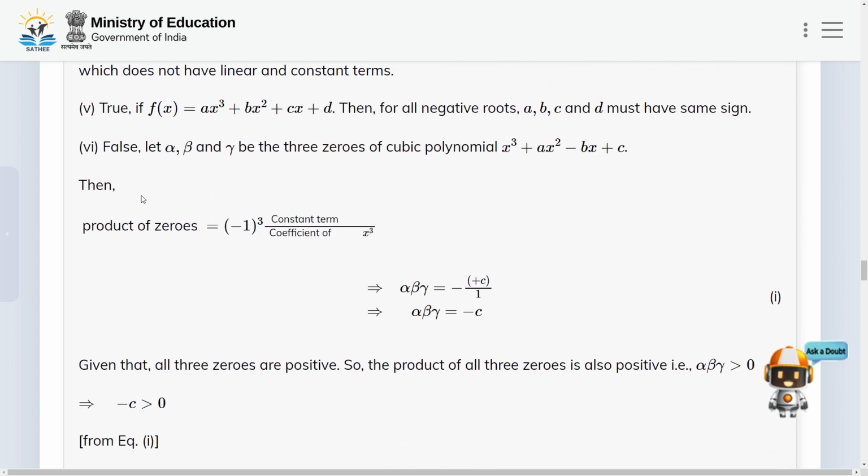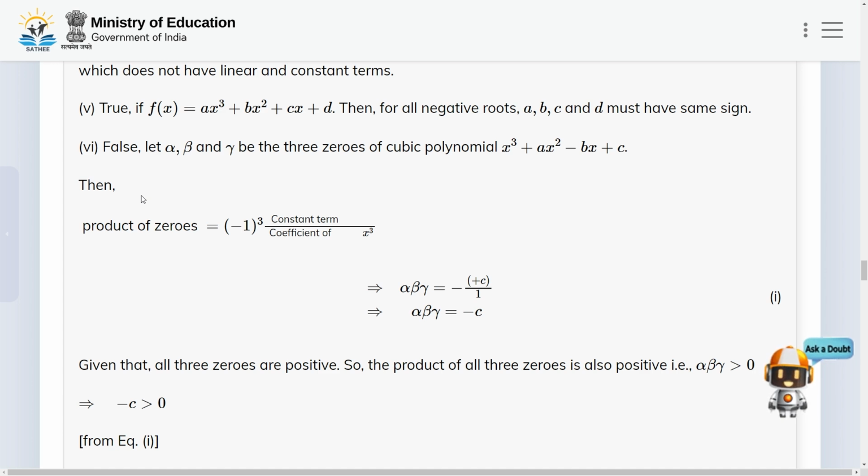If we let alpha, beta and gamma be the three zeros of the cubic polynomial x cube plus ax square minus bx plus c, then the product of zeros is equal to minus constant term divided by coefficient of x cube.